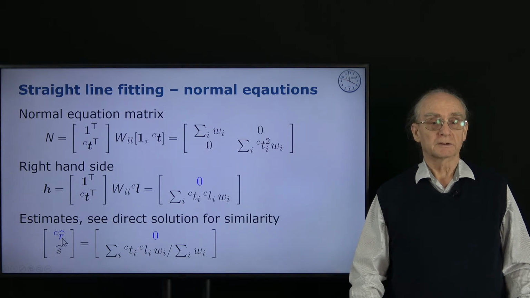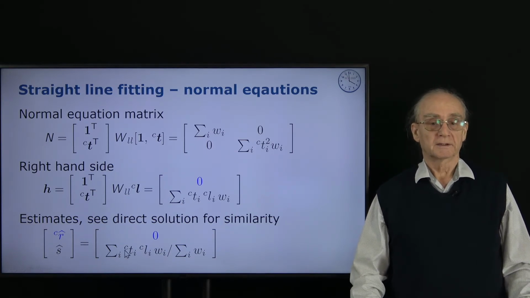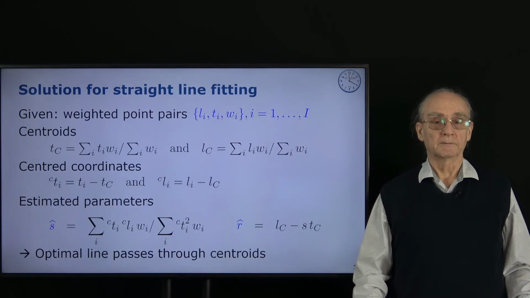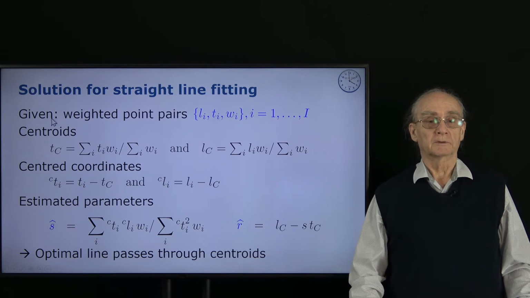The translation in the centered model is 0, and the scale, which has the same scale as before, is nothing else than the sum of these products divided by the sum of the weights. So we have a very simple algorithm. Let's assume we have given point pairs LT, and the weights of these observations for capital I pairs of data. We calculate the centroids, we calculate the center of the coordinates and the parameters, and are finished.